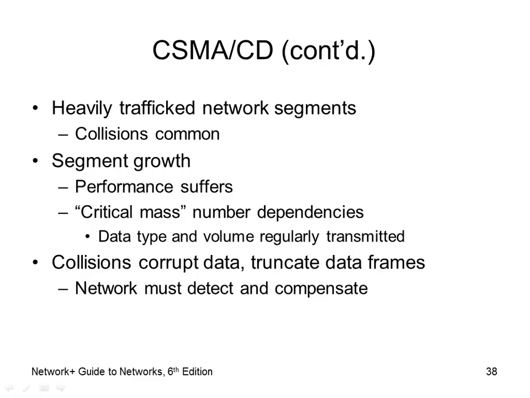On networks that had large hubs and a lot of traffic, collisions were common. As your segment grows, performance would suffer because you'd reach a point where data had to be retransmitted so much that more network time was spent retransmitting data than actually sending things. So collisions corrupt data and truncate data frames.